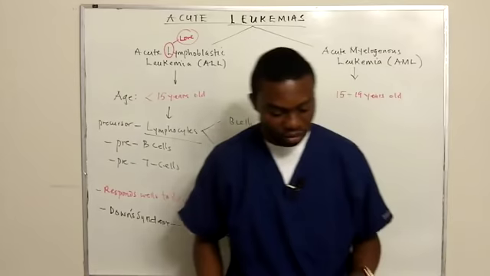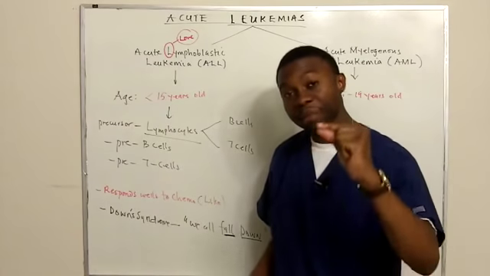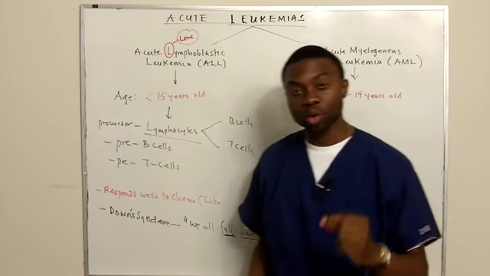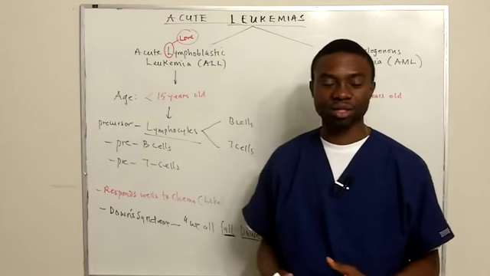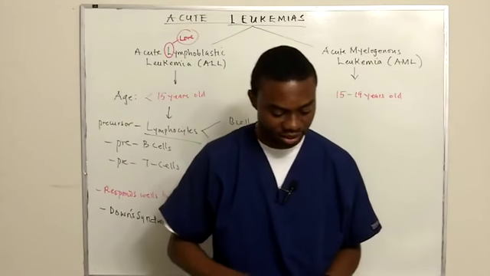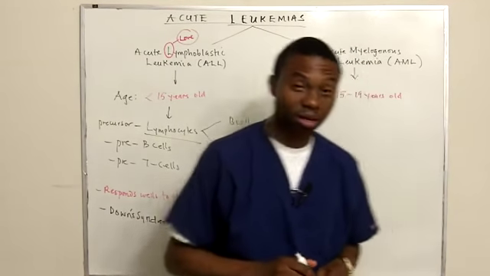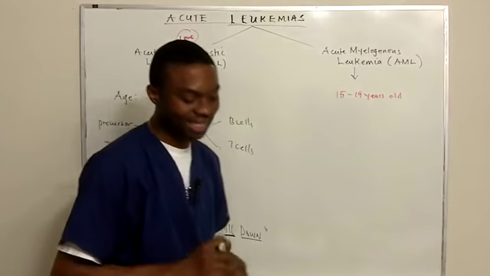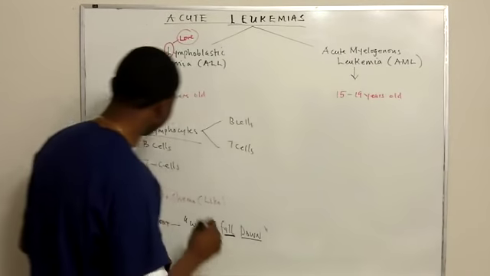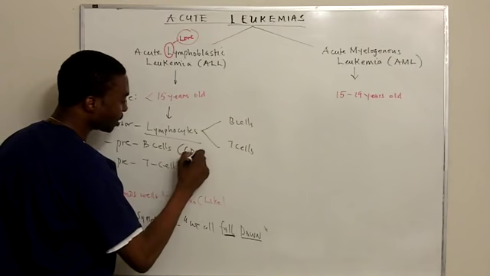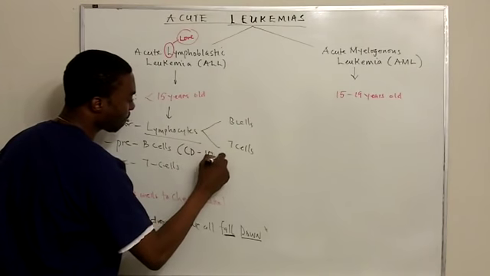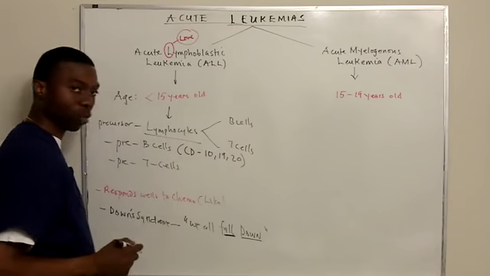Now, remember I told you it affects the pre-B cells? Well, we have to talk about what kind of pre-B cell cluster designations are being affected. And for pre-B cells, the cluster designations are 10, 19, and 20. So CD means cluster designation: CD10, CD19, and CD20.